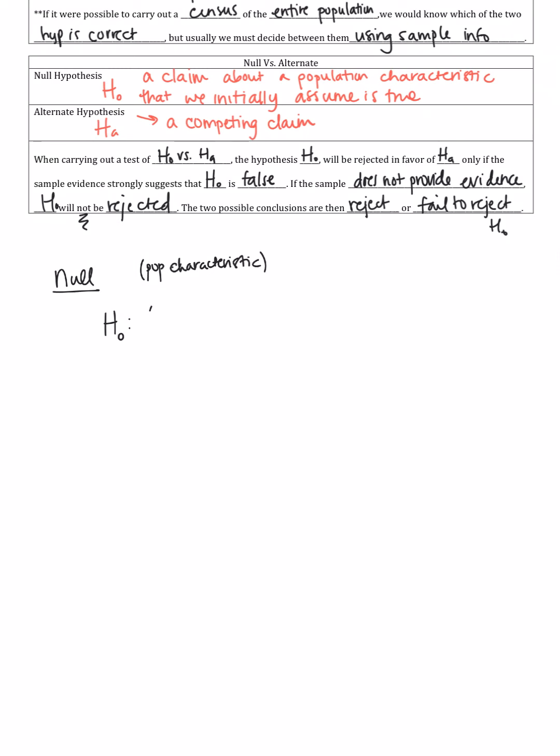And so that's going to be mu if it's numeric data, or pi if it's categorical. And the null is always, always, always set equal to a hypothesized value.